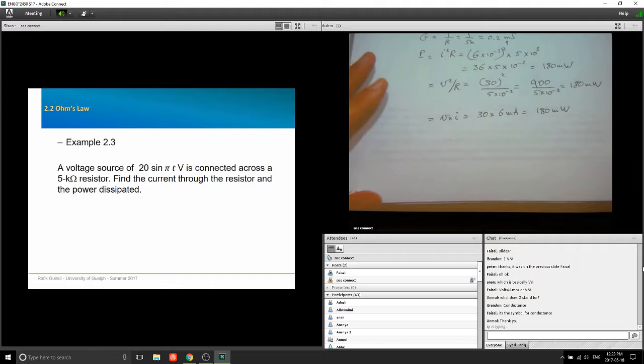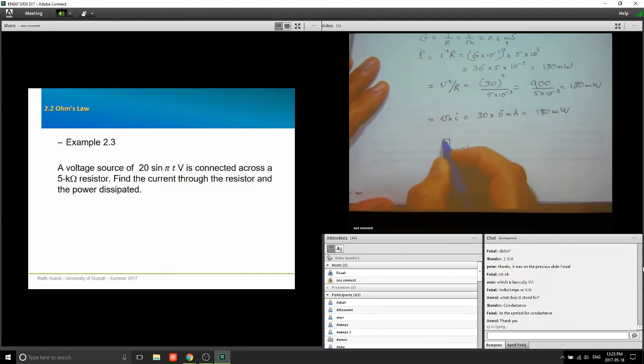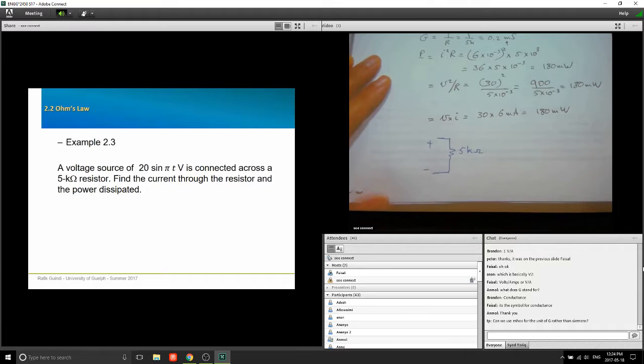So again, we have a 5 kilo ohm resistor, and you have a voltage source that maintains the voltage across it, which is 20 sine pi t volts.